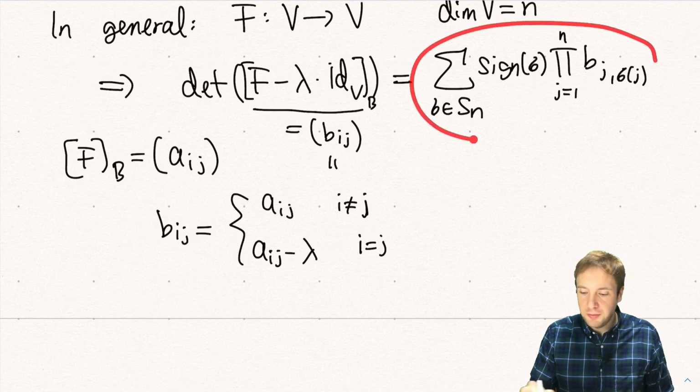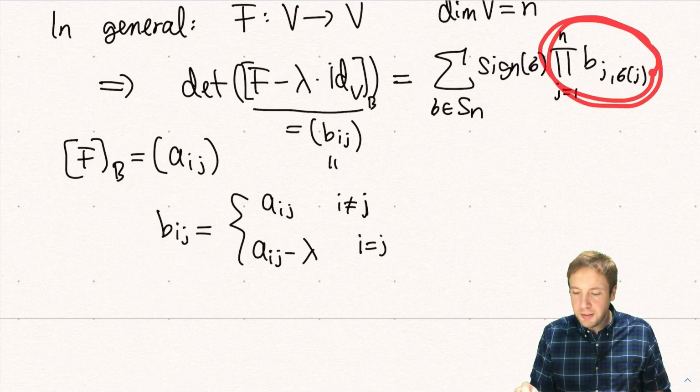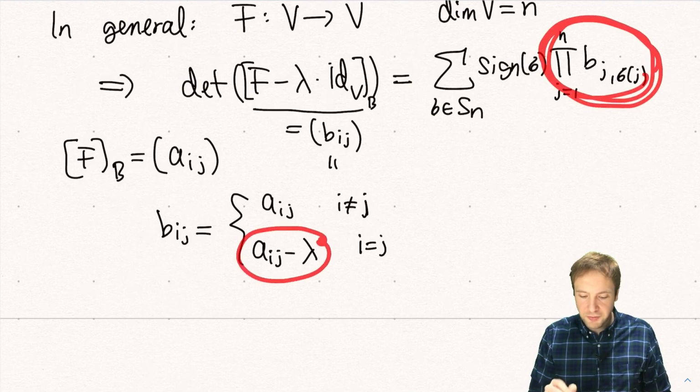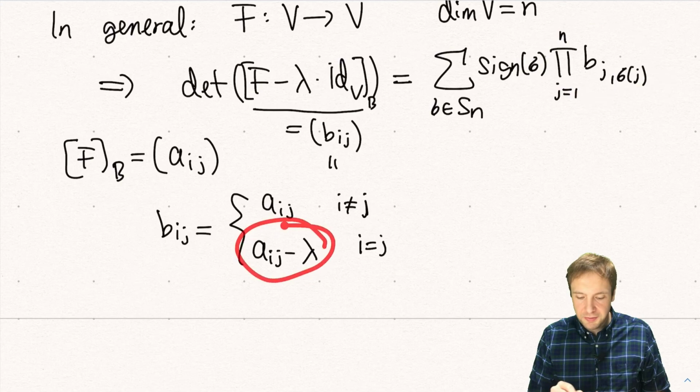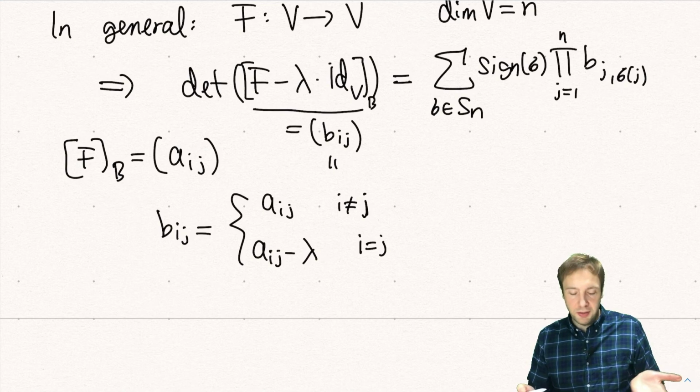So therefore, if you look at this formula here, we multiply these entries b, so we multiply these factors here, and so we always will get a polynomial in lambda.